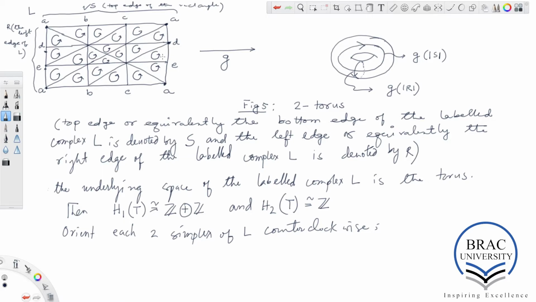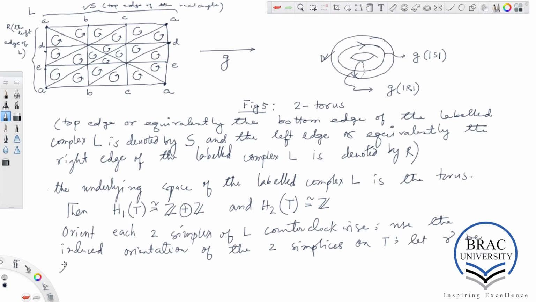So use the induced orientation of the two simplices on this torus T. On T, let gamma be their sum.